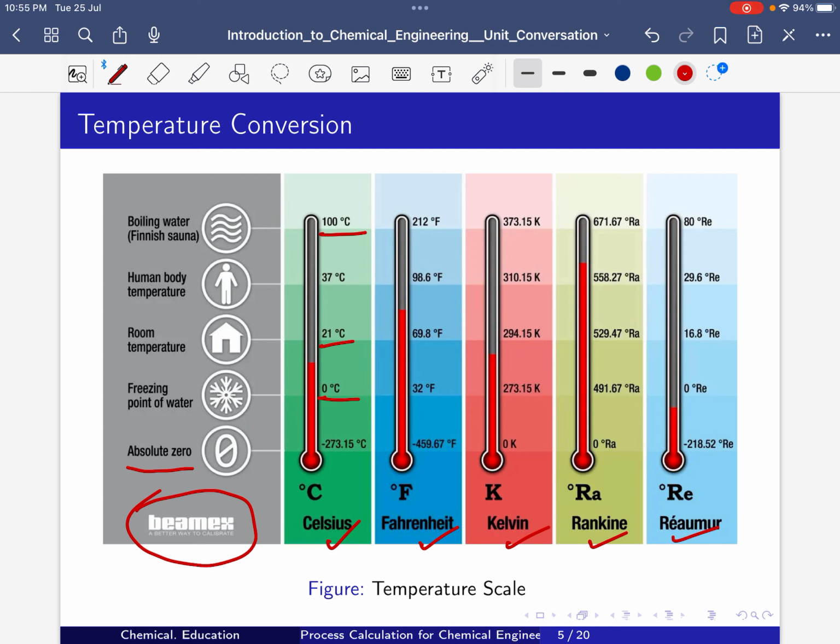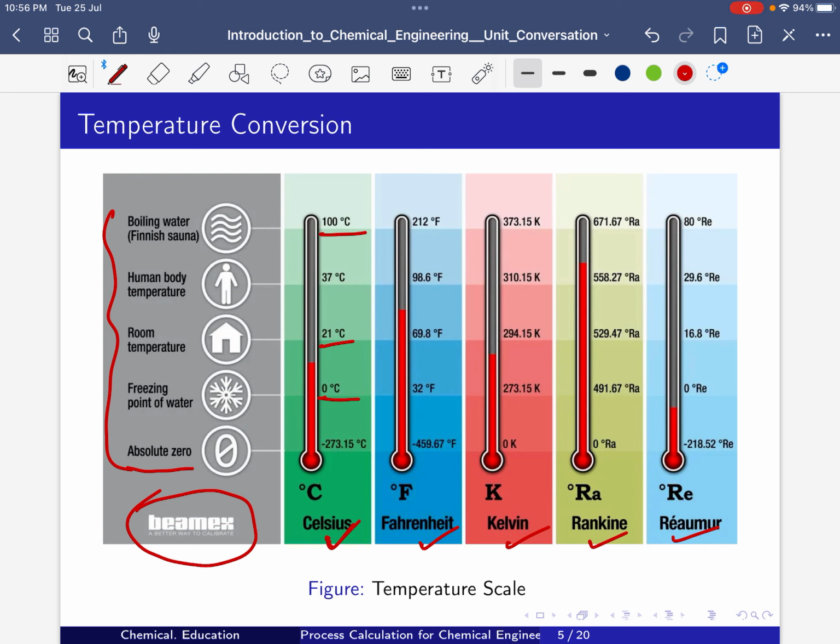In the Celsius scale you must remember: absolute zero is minus 273.15 degree centigrade, the freezing point of water is 0 degree centigrade, and the boiling point of water is 100 degree centigrade. In the Fahrenheit scale, absolute zero is minus 459.67 degree Fahrenheit.